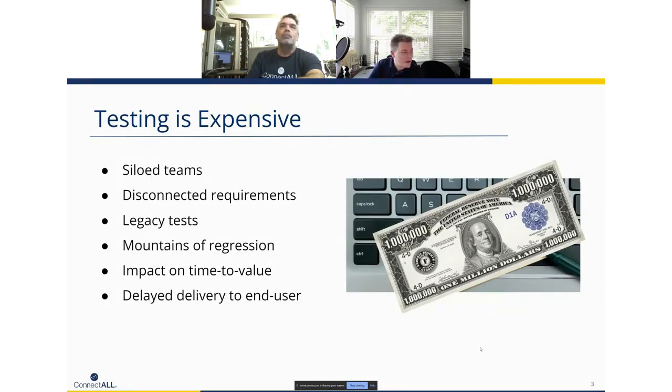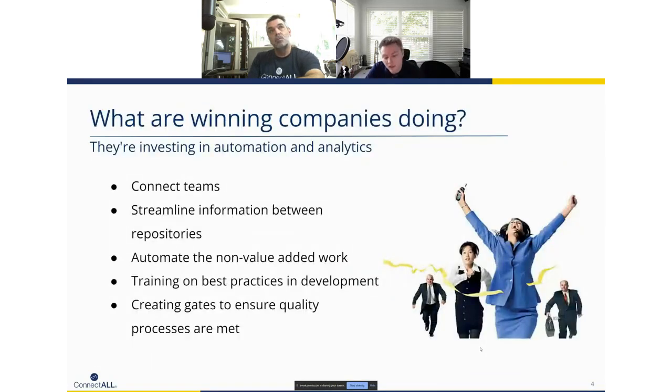Anyway, so how do we solve this problem? What are winning companies doing to tackle test management, to improve their test management? Well, they're investing in automation and they're investing in analytics.